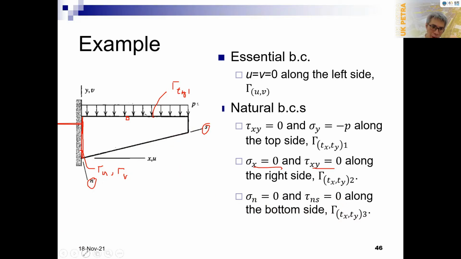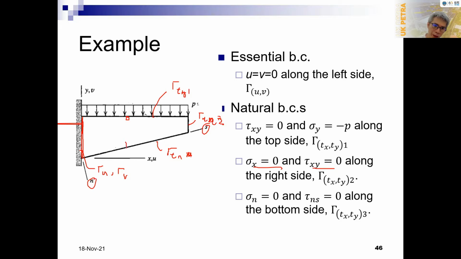Okay, so we say that this is gamma tn, where we specify the traction on this side.